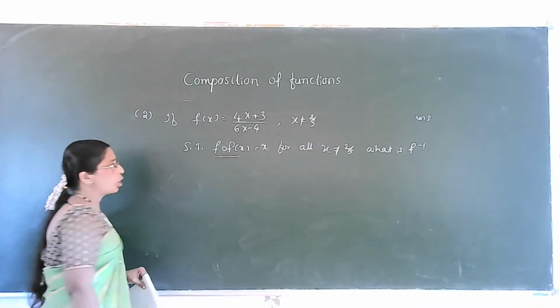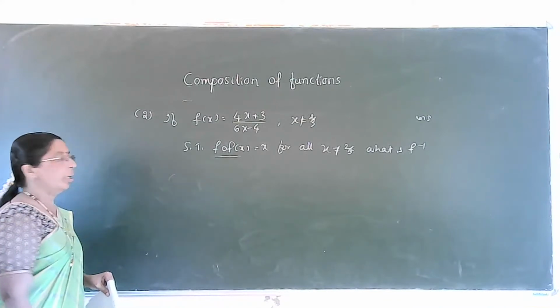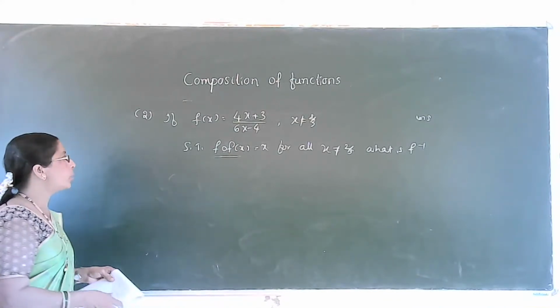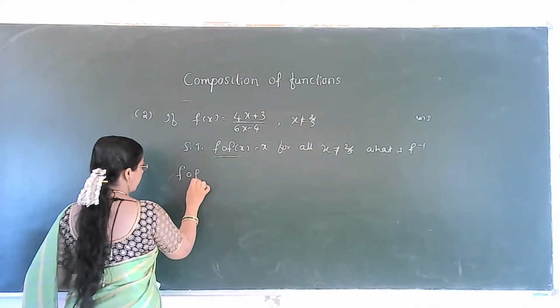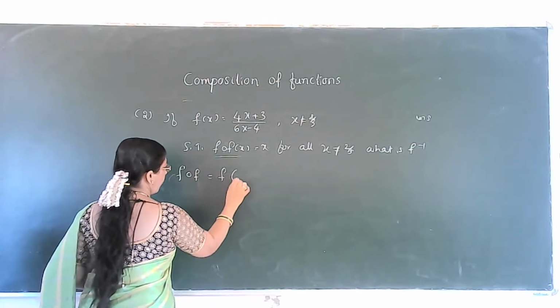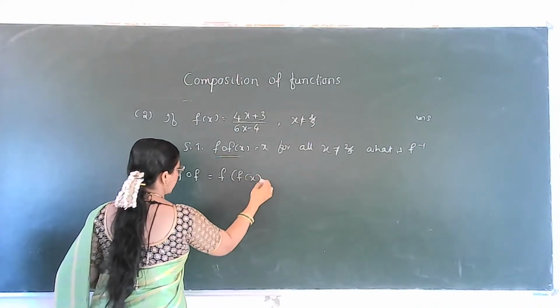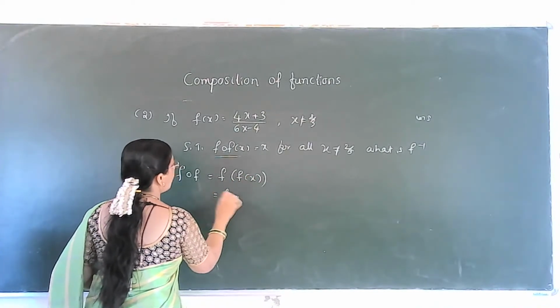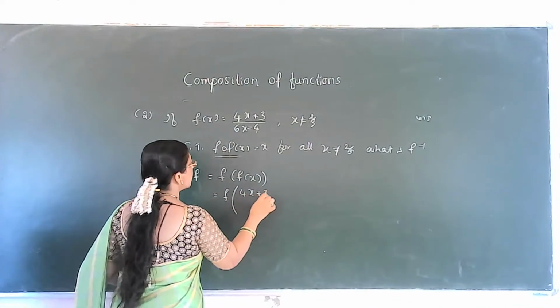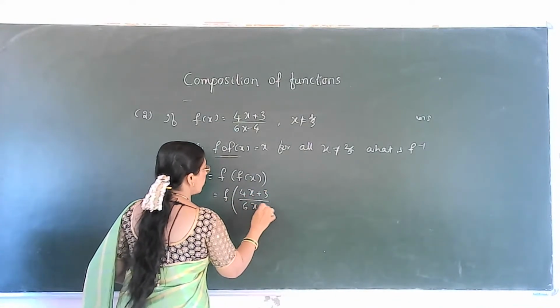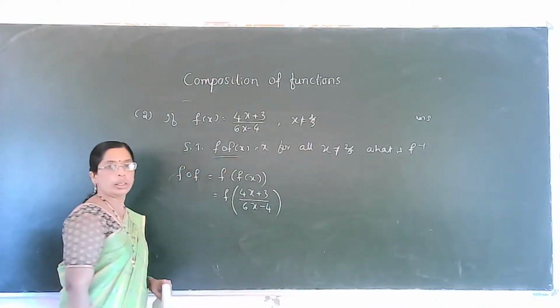Here f of f of x is equal to x. First we find f of f of x, where f of x is equal to (4x plus 3) divided by (6x minus 4).